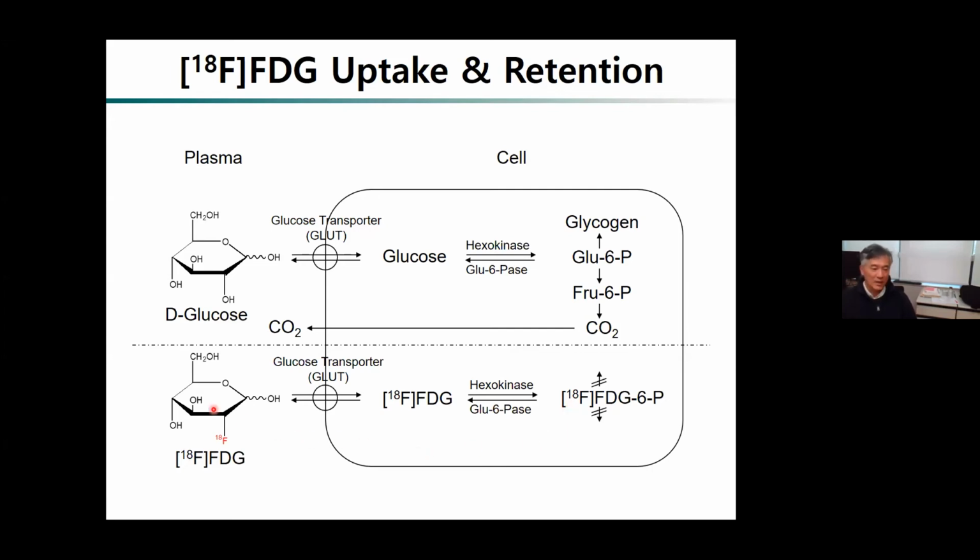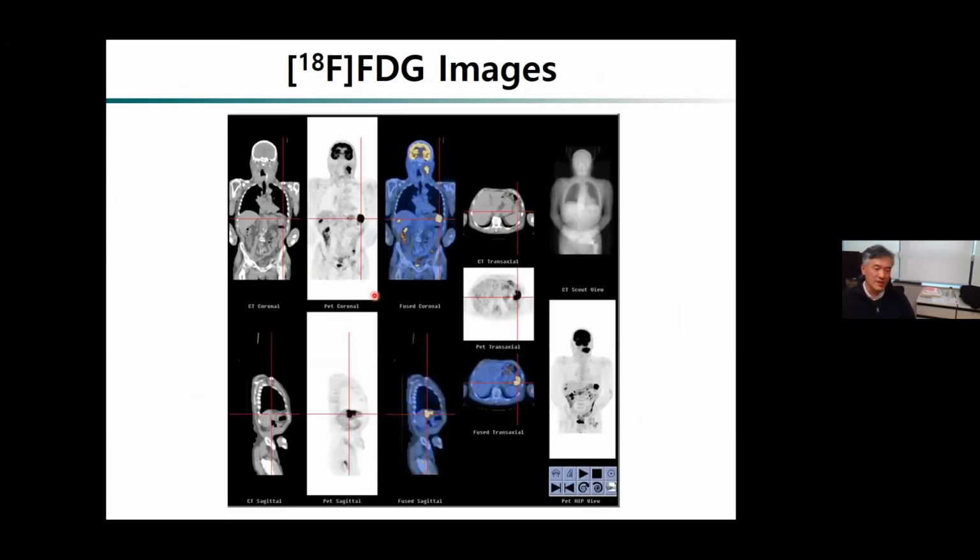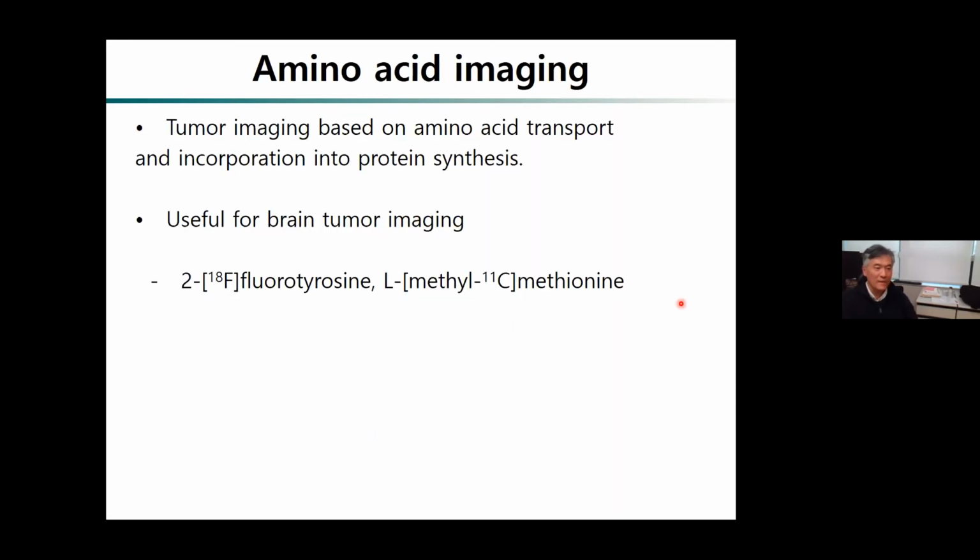So its concentration is high just after the transport into the cell, and then it accumulates more and more in the tumor cell, and finally you can see the high uptake of the tumor tissue in the human body. So you can see these types of imaging in clinical routine.